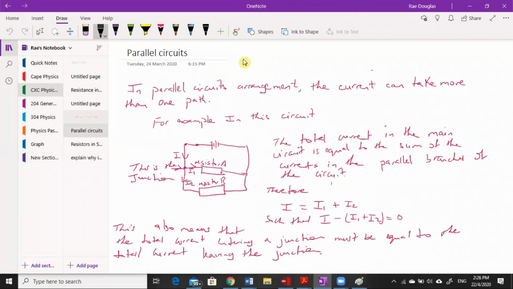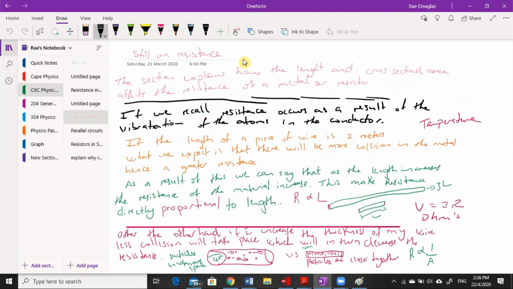And you understand? Yes, sir. I think this is what we did before. No, we didn't touch this part really. We didn't talk about this part that we're talking about now. I know we did the resistor part in terms of parallel and series, but I didn't talk in depth in regards to what is happening inside our metal.